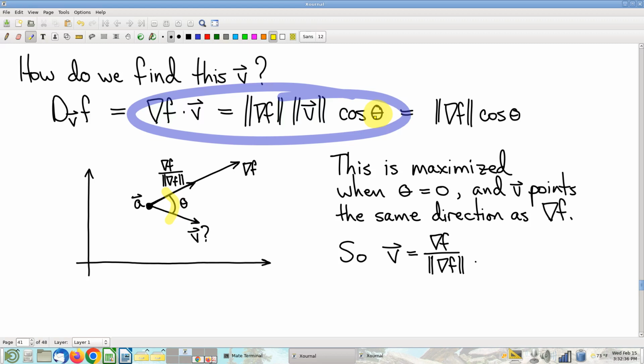Don't forget, by assumption, we're only considering unit vectors for v, because that's how directional derivatives work. That means the magnitude of v is 1, and a factor of 1 we can just throw away.